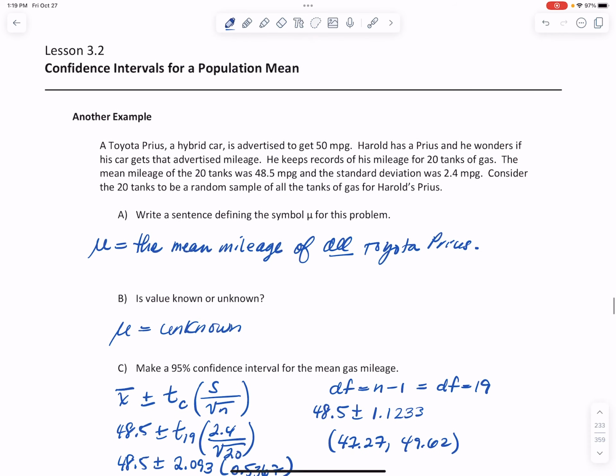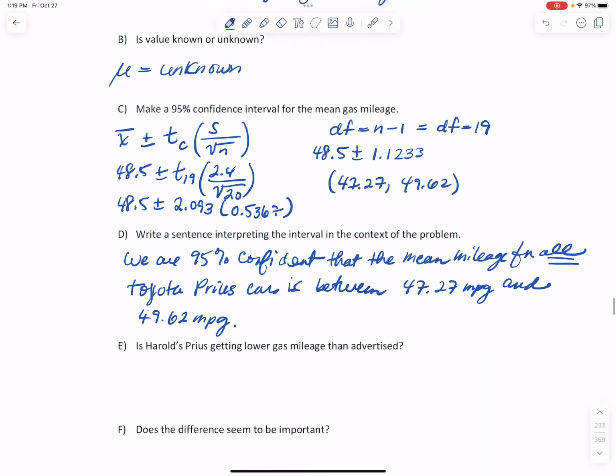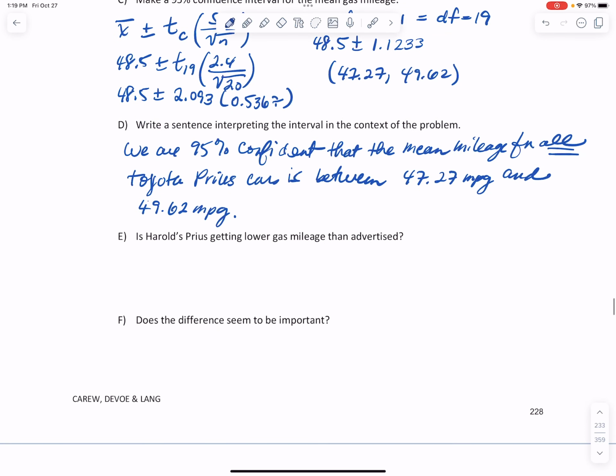So Harold's Prius is getting 48.5 miles per gallon, which is within that interval. So the difference is not very important there because they're advertising 50 miles per gallon, which is not really in the interval.